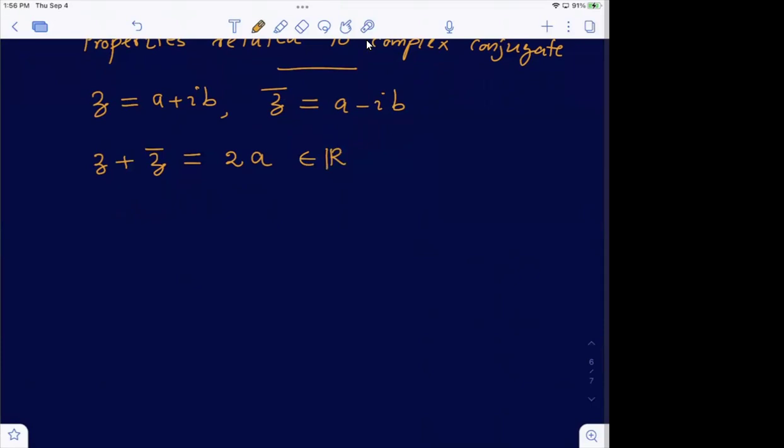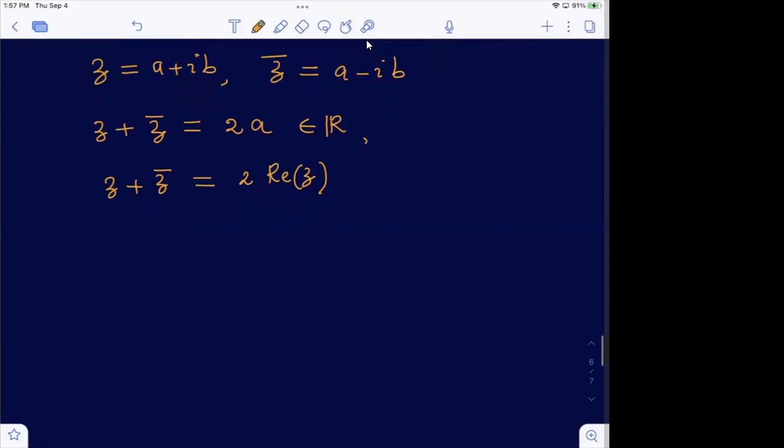That is interesting. Z plus z bar is 2 times the real part of z. So one can come up with this kind of an equation, sometimes it can be useful. The real part of z is none other than 1/2 of the number plus its conjugate.